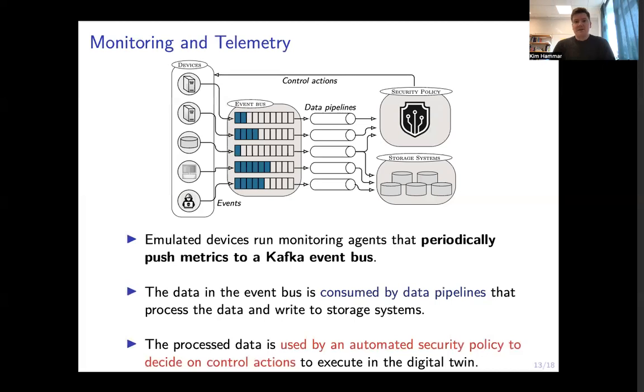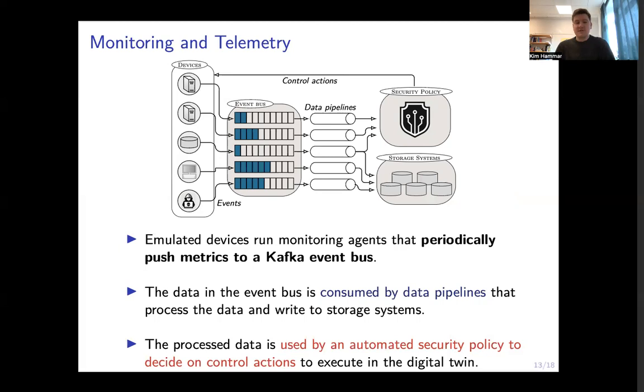The data in this bus is then consumed by data pipelines that process the data and write it to storage systems, both for historical data aggregation, but also for real-time decision-making. Using this monitoring setup, we are able to collect hundreds of metrics for every node in real time and use that to make decisions.